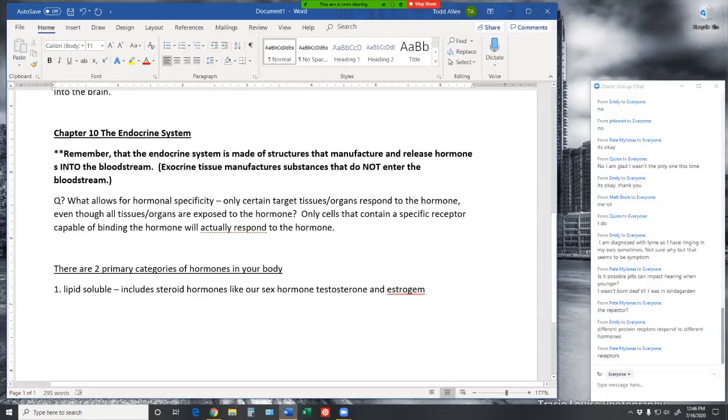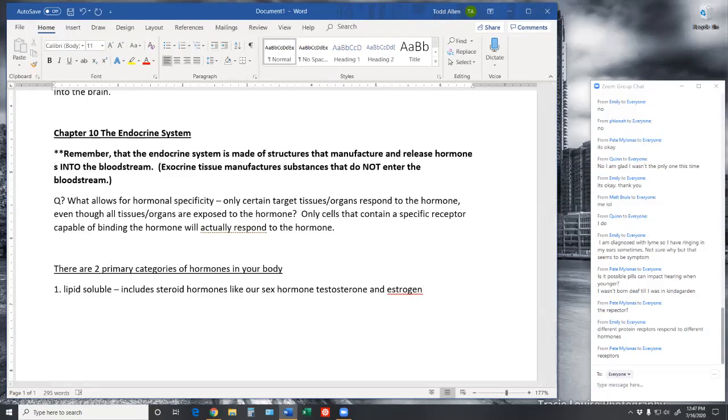is that they have a chemistry. The molecules that are the steroid hormones, their chemical makeup is such that they are chemically compatible with the plasma membrane of a typical cell in your body.